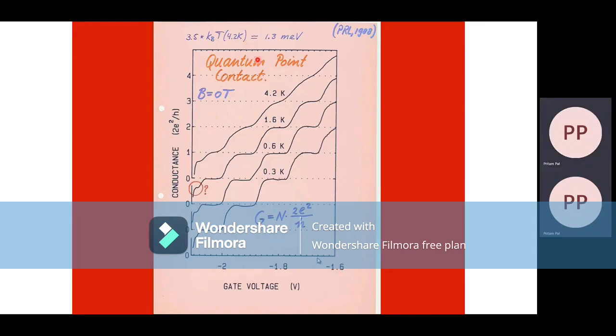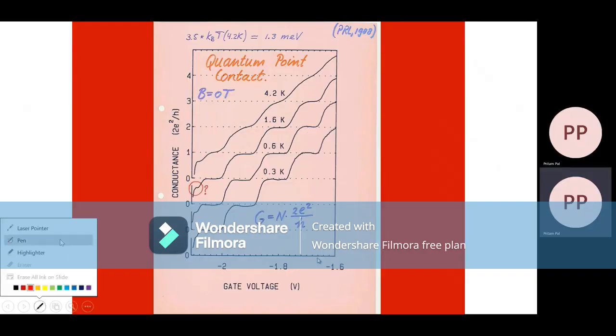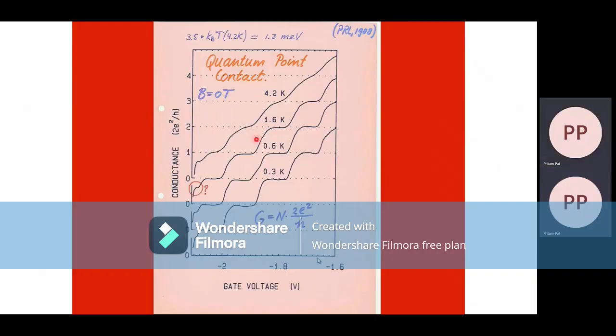Now there are limits to this conductance quantization. It's not perfect.